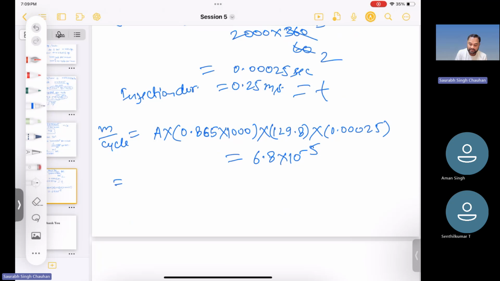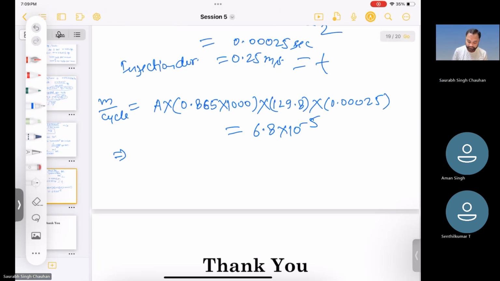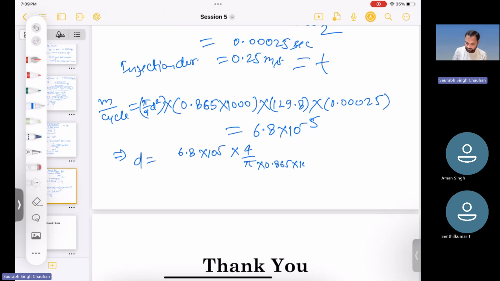So from here you can get the area, and area will be pi by 4 d square. So from here you can get d. So d will be the square root of 6.8 into 10 to the power minus 5 into 4 divided by pi into 0.865 into 10 to the power 3 into 129.8 into 0.00025.